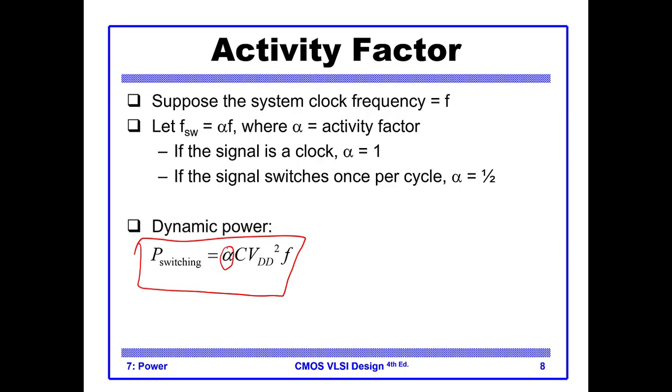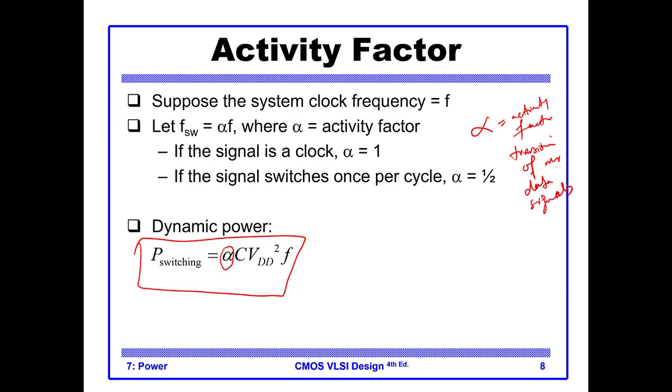Now where does the alpha come from? Alpha is basically the activity factor, and it tells us about the transitions of our data signals.